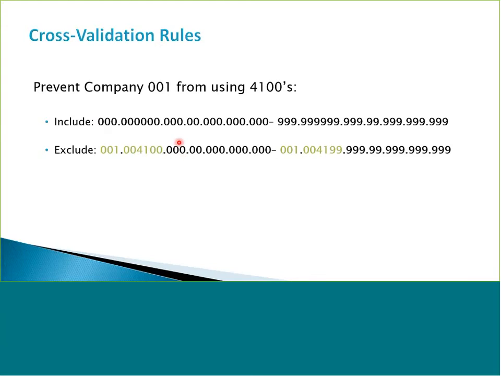So for all the other segments, because there's nothing specifying any range of segments for the rule, we cover all the other possible values. So it's going to be from 0 to 9 for all the other segments. So we will not be able to enter any combination using company one and the range of accounts from 4100 to 4199. Okay, so that's the second example.